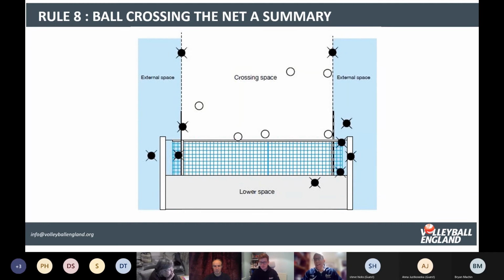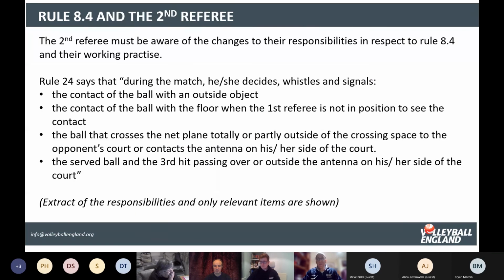However, I again say except 10.1.2, and we'll determine why that is in a minute. So this tells us what sort of things we're looking at and which balls are out when they're crossing the crossing space in the net.